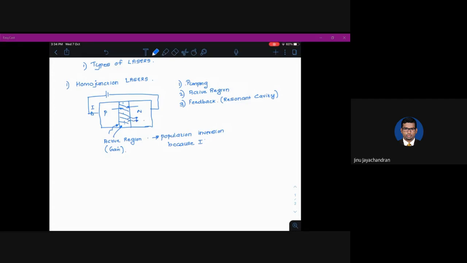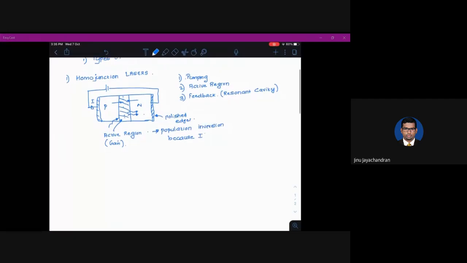To create continuous stimulated emission, you will polish the edges, so that the laser light coming out is reflected from the polished edge.